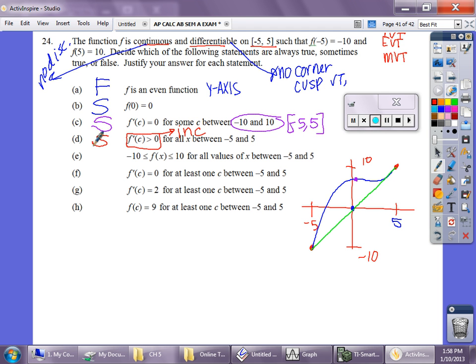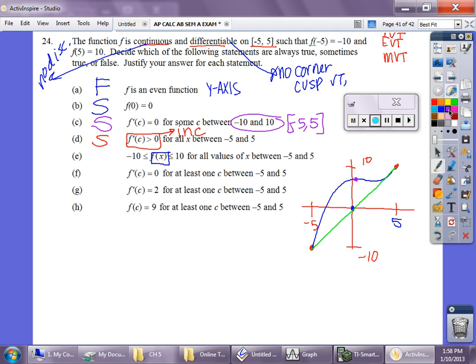Letter E says from negative 10 to 10, given the y values, so f of x means y values, the y values go from negative 10 to 10 for all the values of x between negative 5 and 5. So an easier way to say that is that every single y value is always between negative 10 to 10.